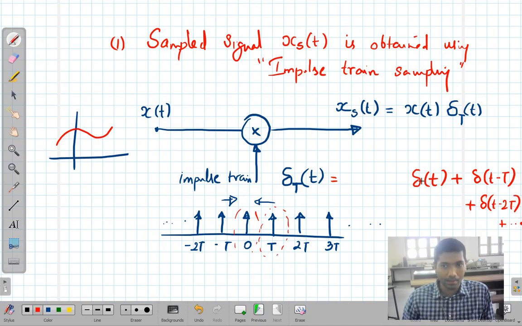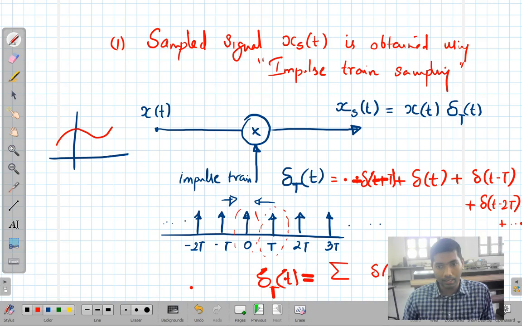Towards the left side, the impulse at minus T corresponds to del of t plus capital T, and so on. In general, I can write this impulse train as del of t with suffix capital T, which is nothing but a summation.